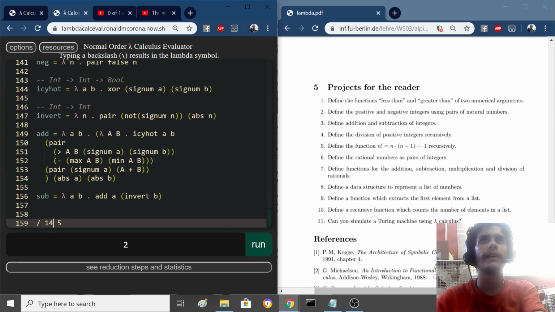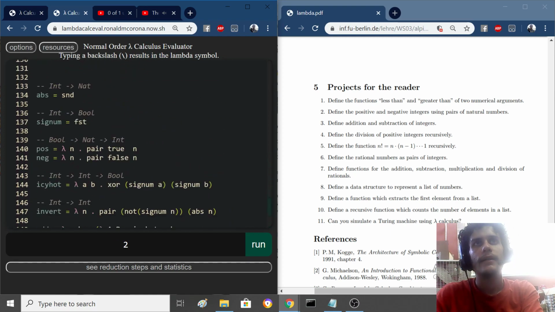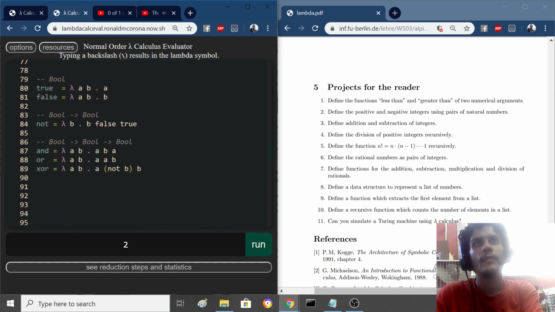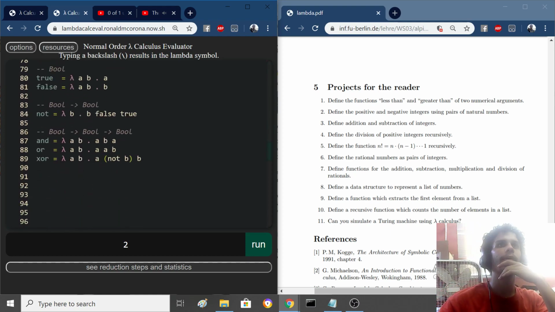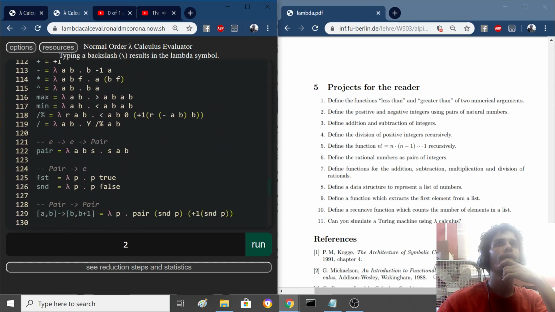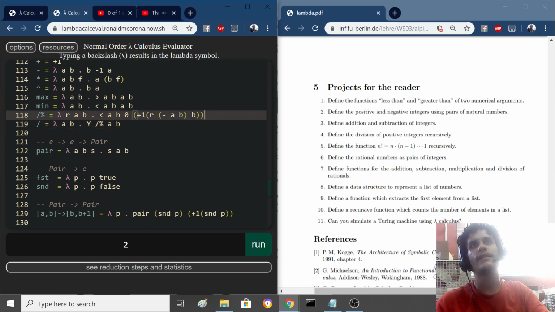So that's division right there. While we're here, I guess I could do mod. If I need mod, I will implement it, but it's basically the same idea as division.